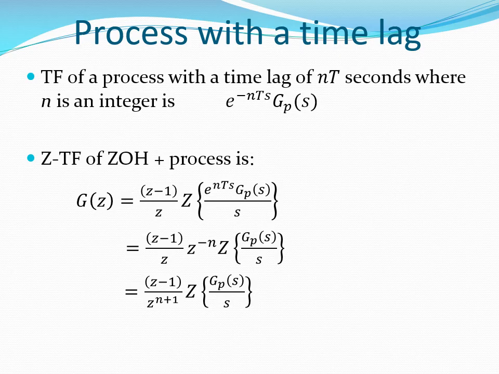We obtain G(z) as being equal to (z minus 1) over z to the n plus 1, times the Z transform of G(s) over s. This is the general expression that can be used to obtain the Z transfer function for a process with a time lag.